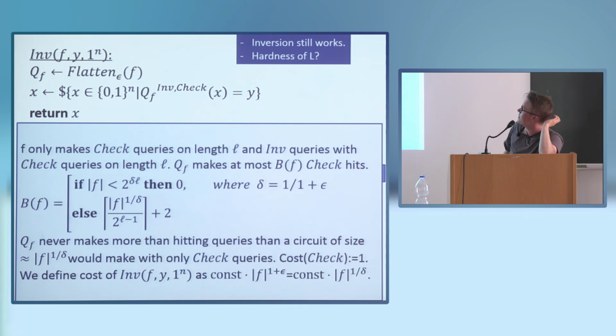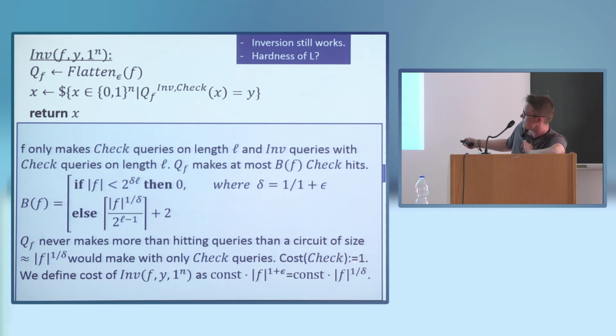So the question is whether L is still hard. Why is L still hard? Well, let's think about it. QF never makes more hitting queries than a circuit of the size would make with only check queries.